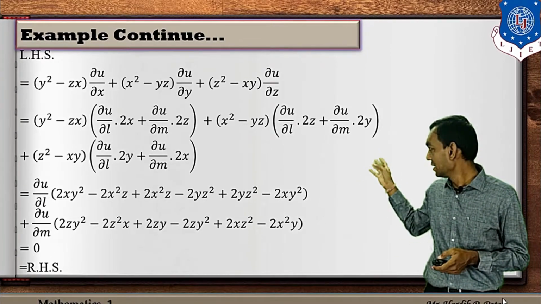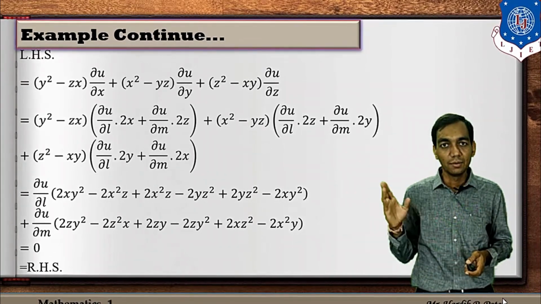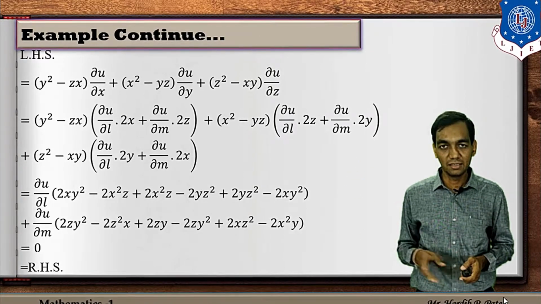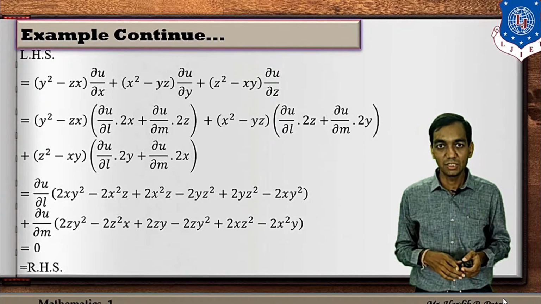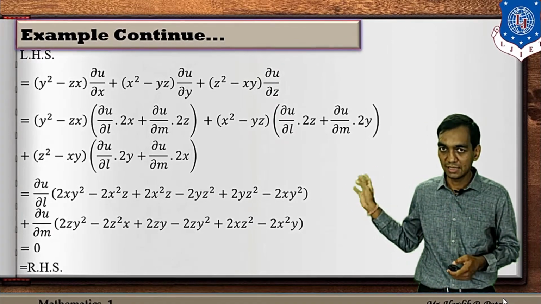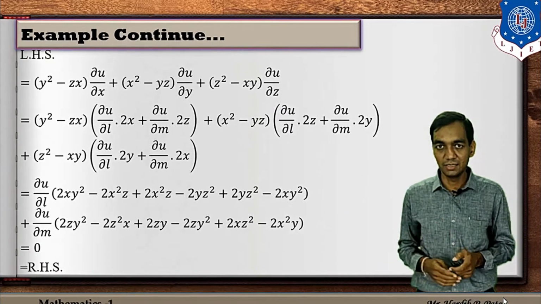Now starting with your LHS. So putting the values in LHS, that means y square minus zx into del u by del x plus x square minus yz into del u by del y plus z square minus xy into del u by del z.